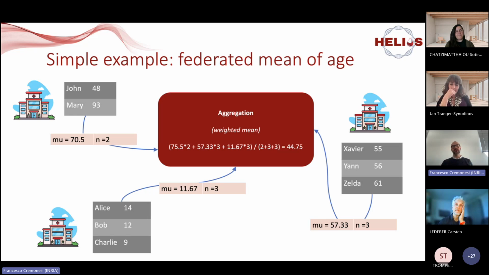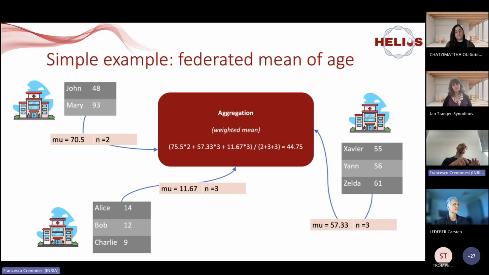And finally, this example introduces a challenge that will become more apparent later on. If you look at the distribution of ages here, you see that some hospitals have more adult distributions, with maybe some geriatric, and then one hospital with only ages on the pediatric side. For this specific algorithm it doesn't matter, but in general it shows that federated learning often has to deal with very heterogeneous distributions among the different hospitals.